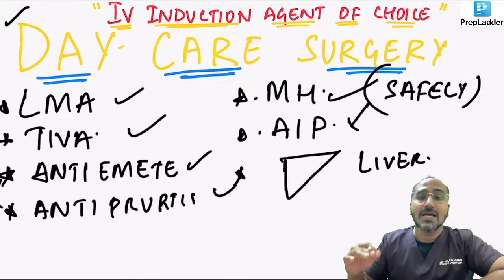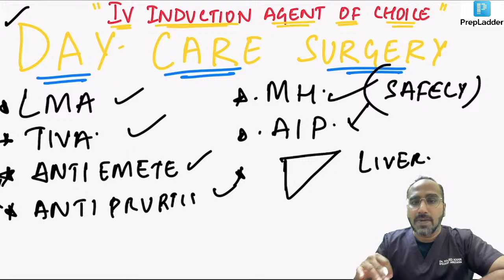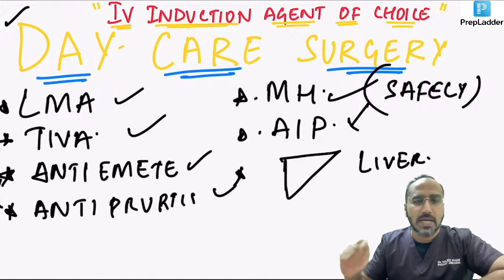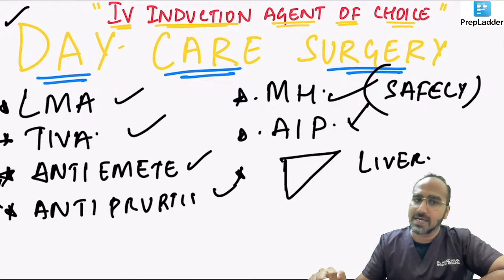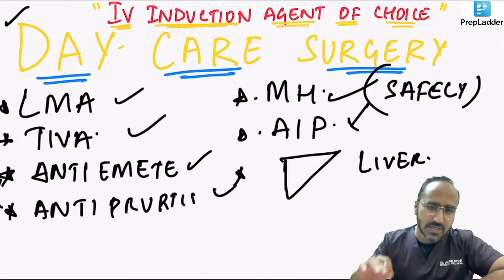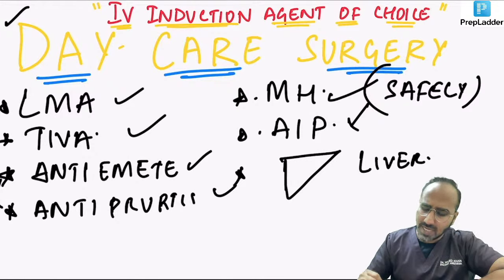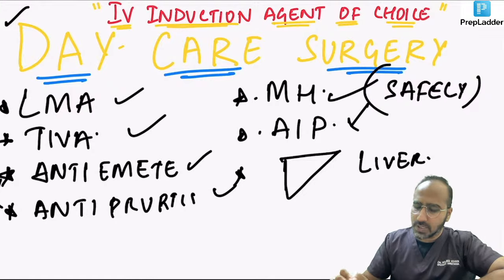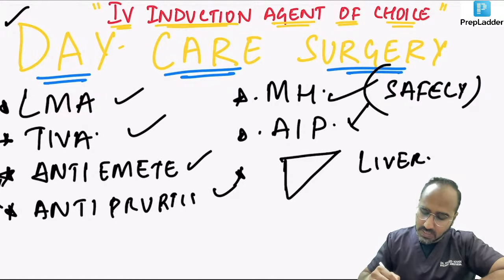Basically, it should not cause malignant hyperthermia or acute intermittent porphyria or liver disease. So the IV induction agent of choice for daycare surgery is propofol, and in daycare surgery, all these points will be covered: LMA insertion, TIVA, antiemetic, antipruritic, malignant hyperthermia, acute intermittent porphyria, and liver disorder.